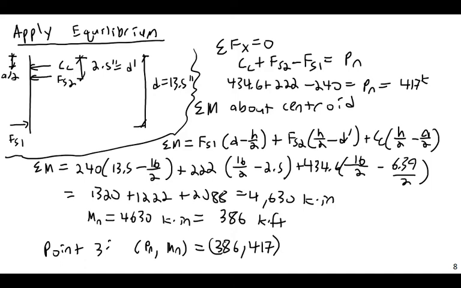Moving on, my next case is going to be where epsilon S1 is equal to 0. So in other words, I'm going to be looking at the case where the strain in the tension steel is 0. So let's consider the case where basically the strain in the tension steel is 0.